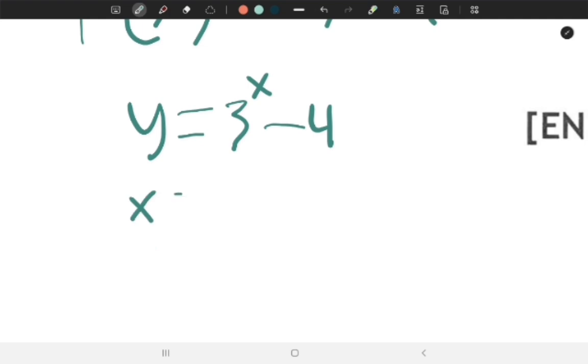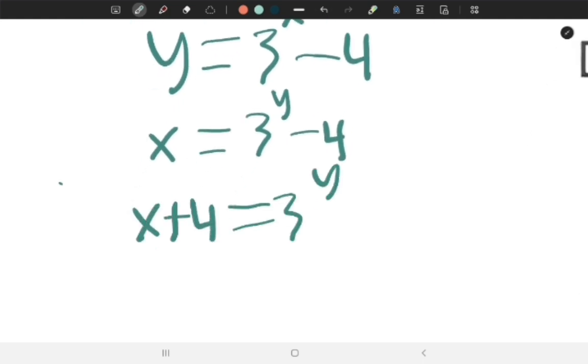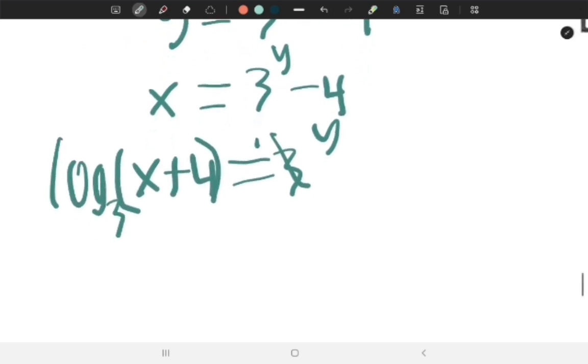So x is equal to 3 to the y minus 4, and x plus 4 is equal to 3 to the y. We take the logarithm of 3 on both sides, and this just cancels out.